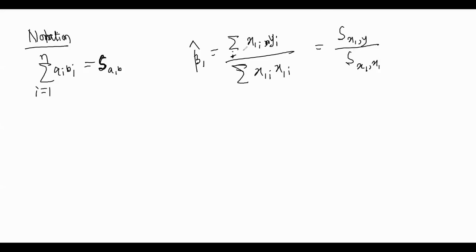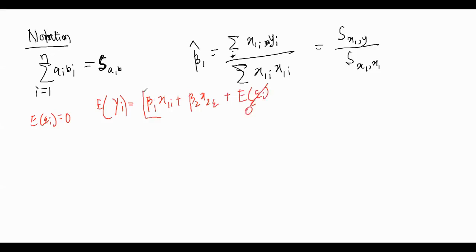So now we also know that the expectation of y_i, since the expectation of epsilon i is 0, by the model of y_i, is beta 1 x1i plus beta 2 x2i. So now if you want to find the expectation of beta 1 hat, it's actually a function of y, a linear combination of y.